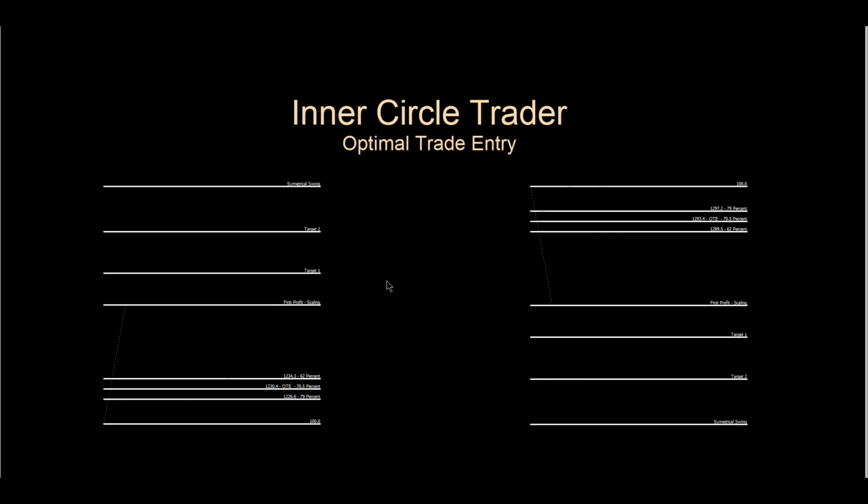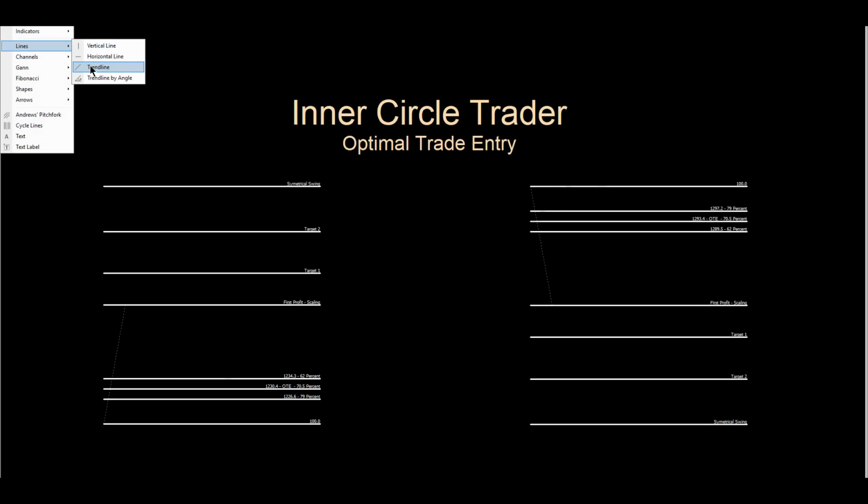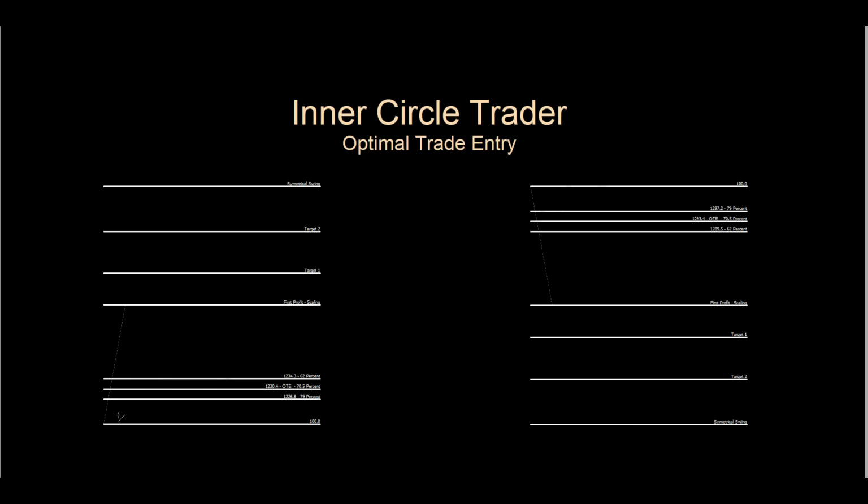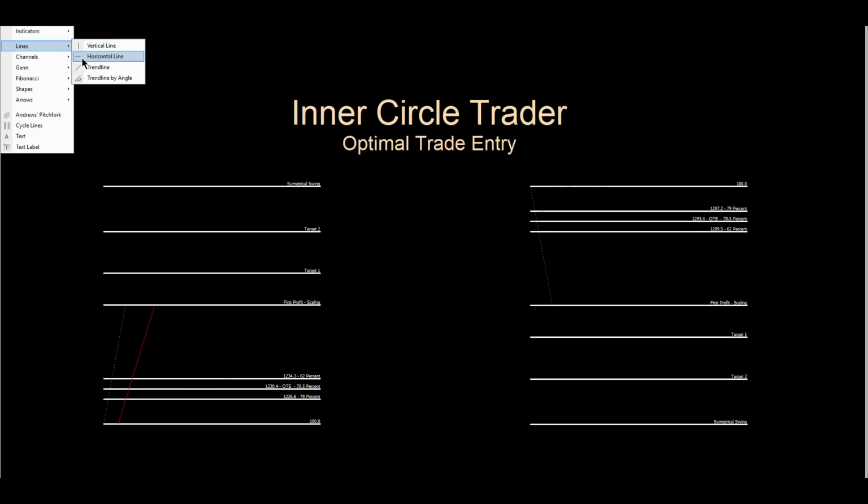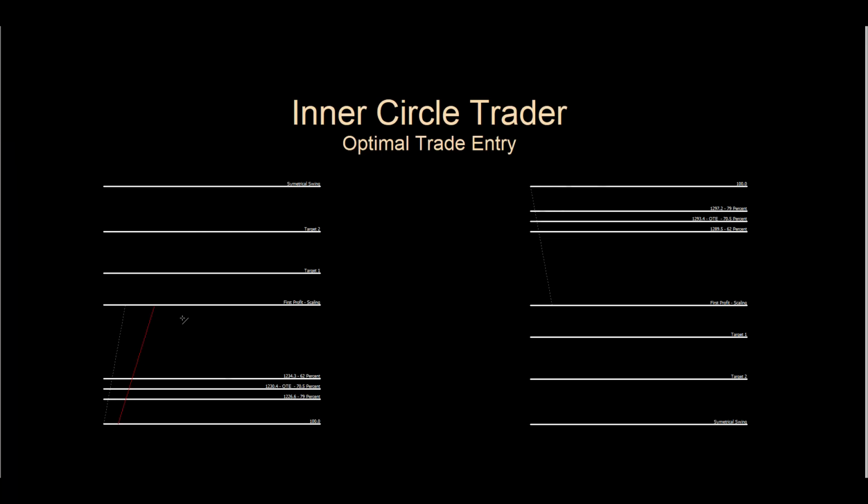So the premise is we would be looking for price to do something like this. Okay, we have an impulse price leg higher, and then we have another impulse price leg off that level and trading down into optimal trade entry.